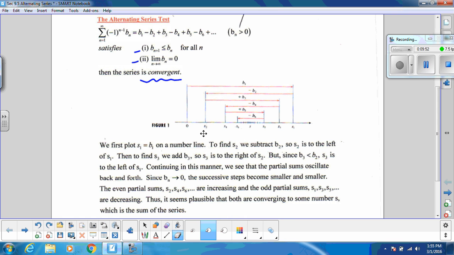All right, so here we have S. This is the actual sum, wherever that happens to be. Notice that I don't have any actual numbers here, but this is what the series actually ends up being. And here's S sub 4, right here. The difference between S and S4.